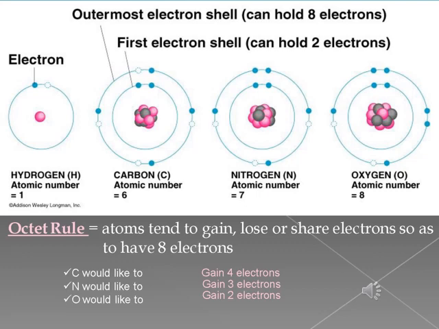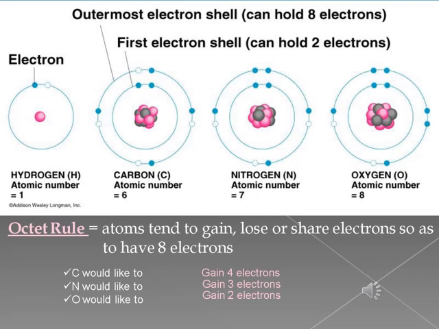Let's look at nitrogen, which has atomic number 7. Those 2 electrons are present in the innermost shell, and another 5 electrons are present in the outermost shell. The same goes for oxygen, which has atomic number 8. So 2 electrons are located in the innermost shell, and another 6 electrons are located in the outermost shell.